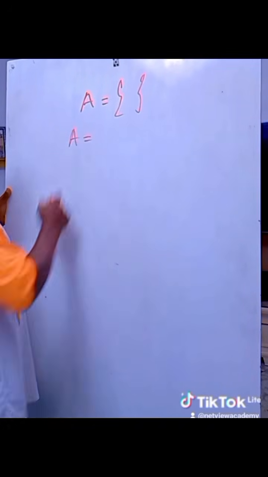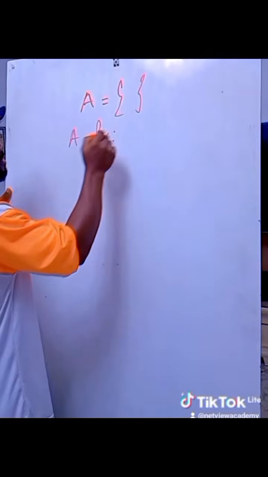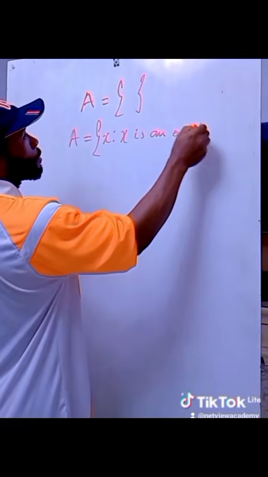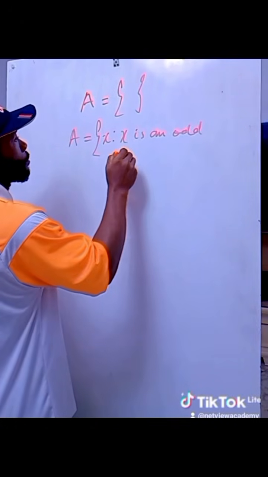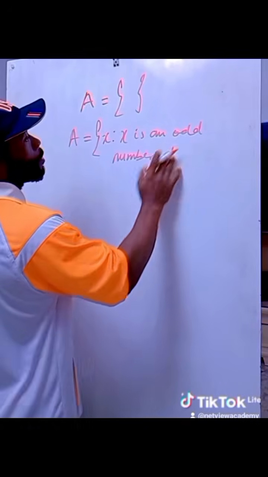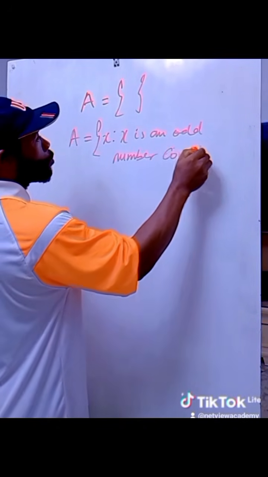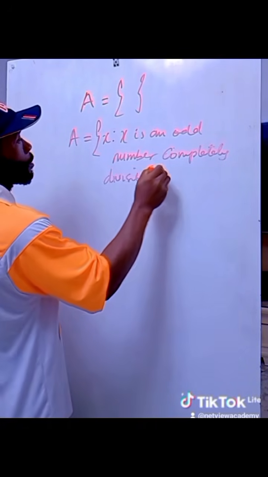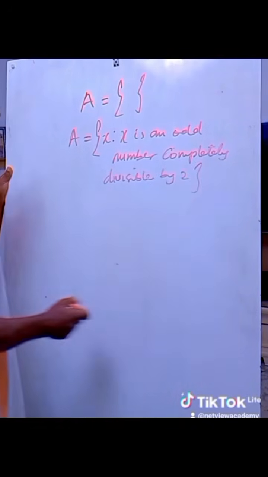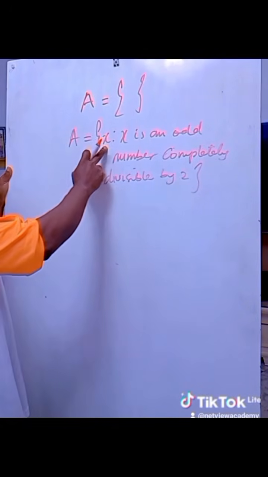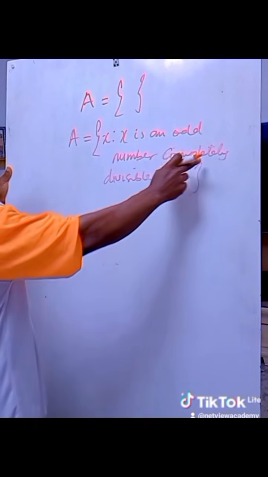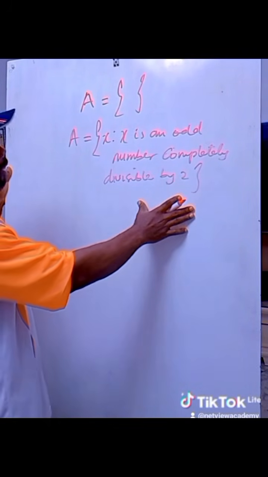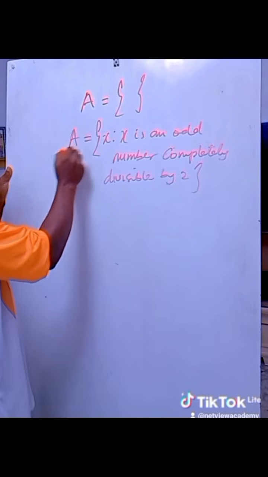Set A contains element x, so that x is an odd number completely divisible by 2. There is no such odd number that is completely divisible by 2. Therefore, the set A is an empty set.